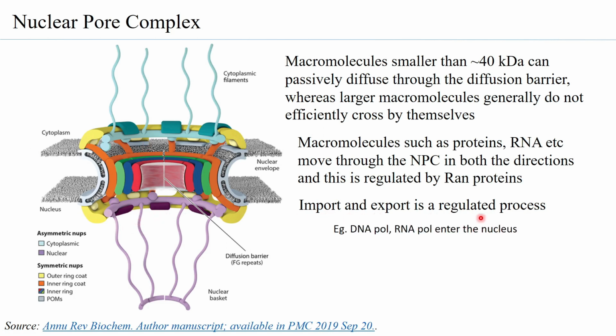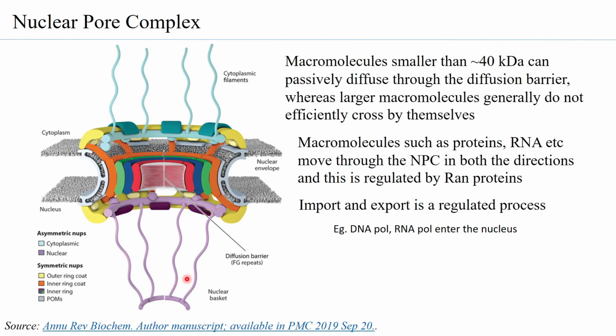So what kind of import and export are we looking at? For example, within the nucleus, you have DNA replication happening. That means the DNA can replicate to form more than one copy of itself. And that replication process requires a protein machinery. So from where do you get these proteins?